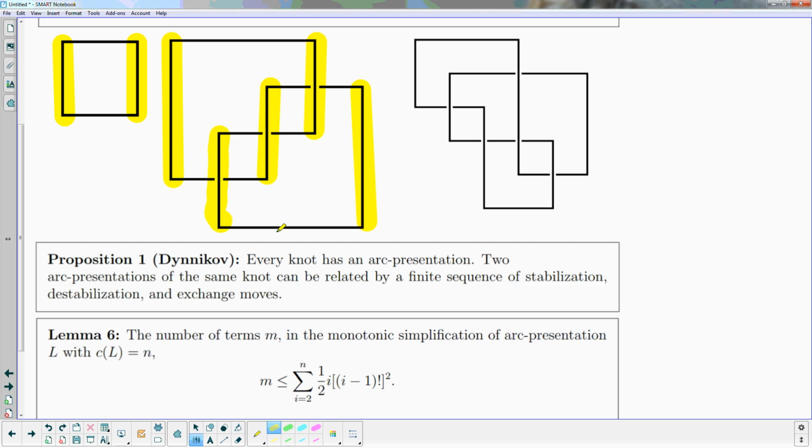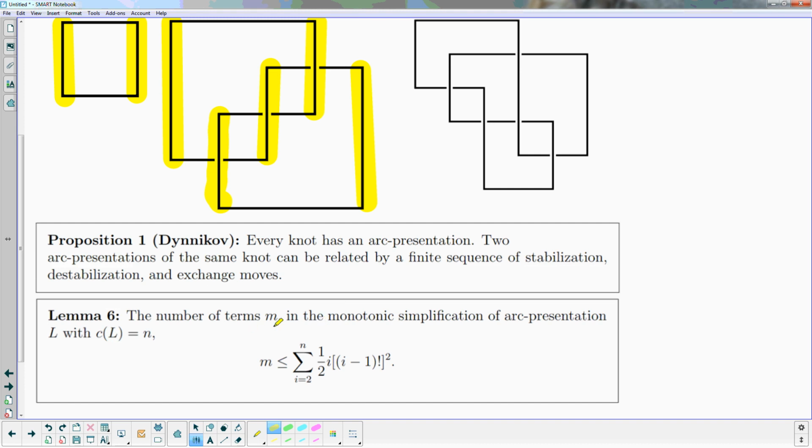I will tell you, after practicing this quite a bit, it can be difficult, but you can always find an arc presentation of a knot. The second fact is that two arc representations of the same knot can be related by a finite sequence of certain moves that we're going to talk about in a little bit.